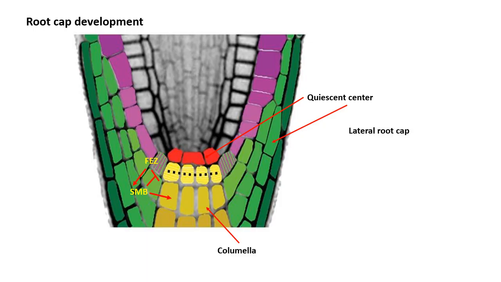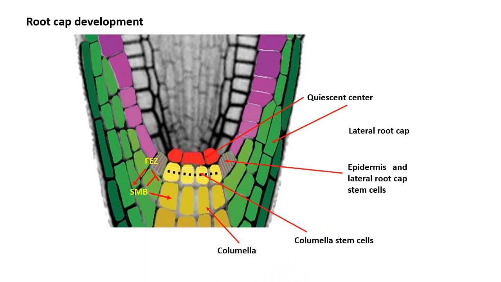These transcription factors act antagonistically to control periclinal divisions in the epidermis, lateral root cap stem cells, and columella stem cells to form the lateral and columella root cap in the young root, which is highlighted here. The terminal differentiation of the columella cell is brought about by transcription factors called Brassinosteroid at Vascular and Organizing Center, that is BRN, which are induced by the Sombrero transcription factor.